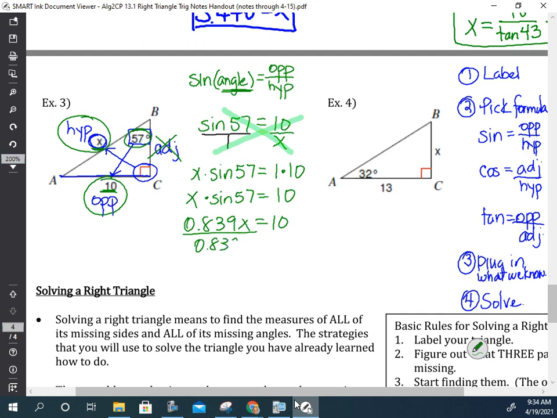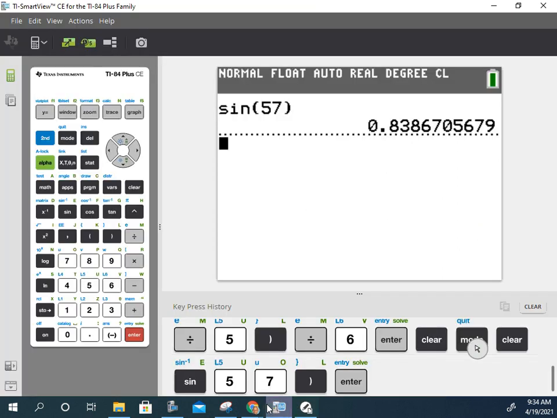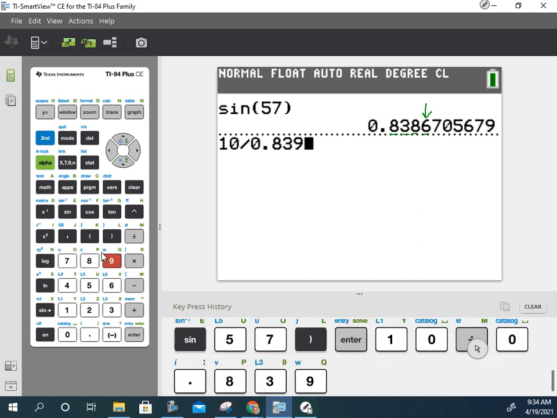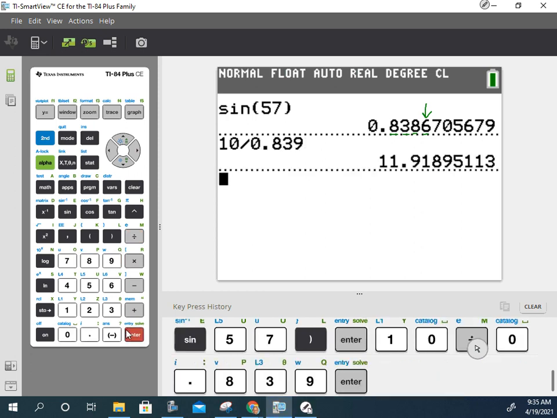Divide both sides by 0.839. So 10 divided by 0.839 is 11.918. That's a 9. So your final answer is 11.919.